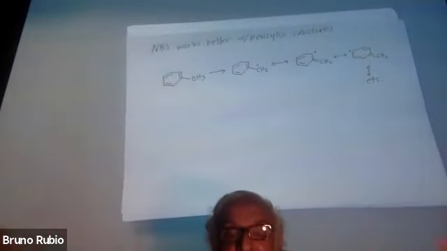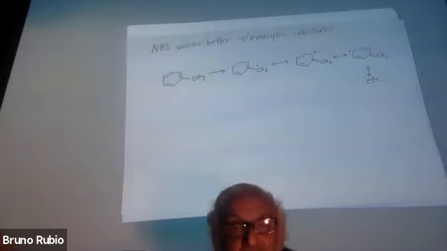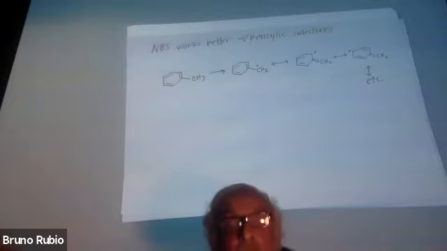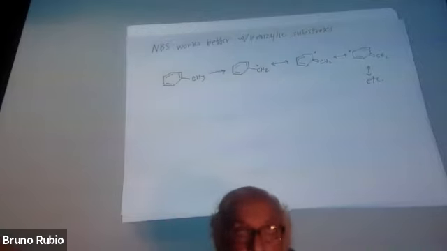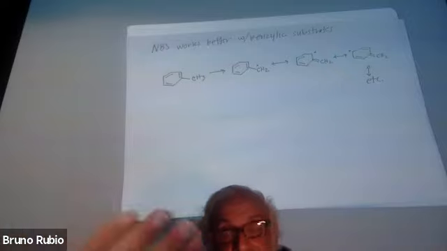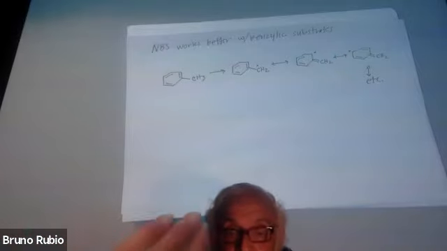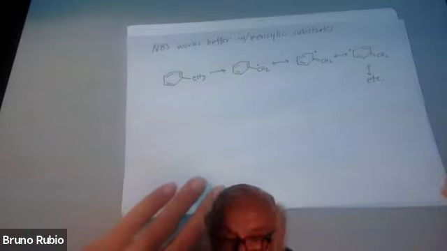However, NBS with a benzylic substrate works better because those radical resonance structures in which the benzene ring has been destroyed are not contributors to any great extent to the resonance hybrid in this reaction.